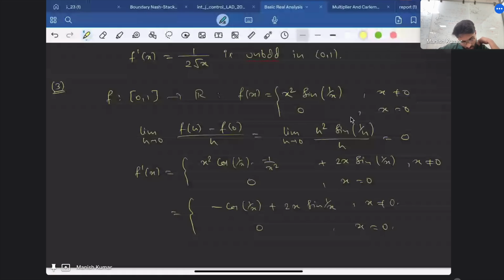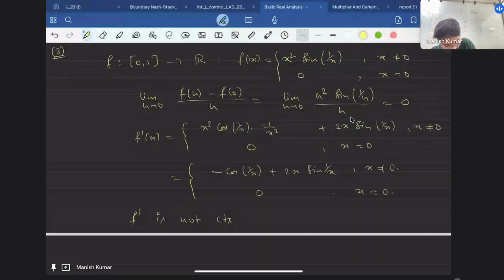Okay, let me think of some other example then. This example is for a differentiable function whose derivative is not continuous.